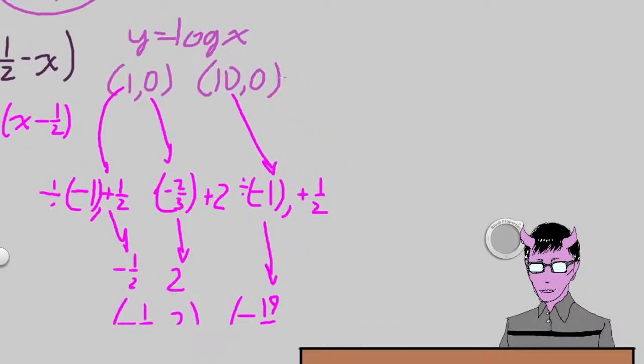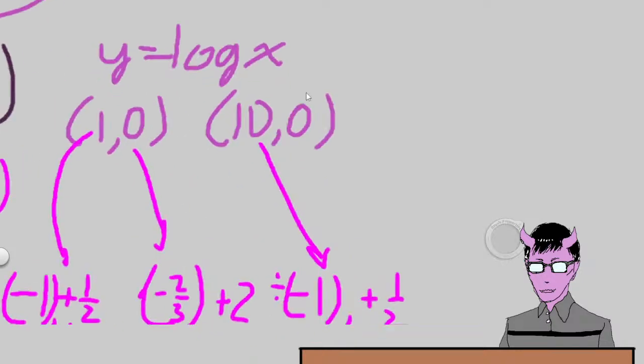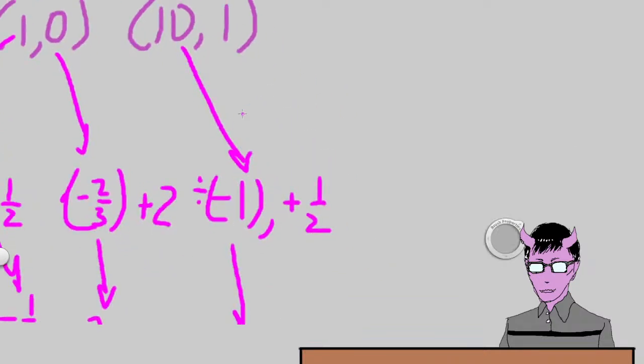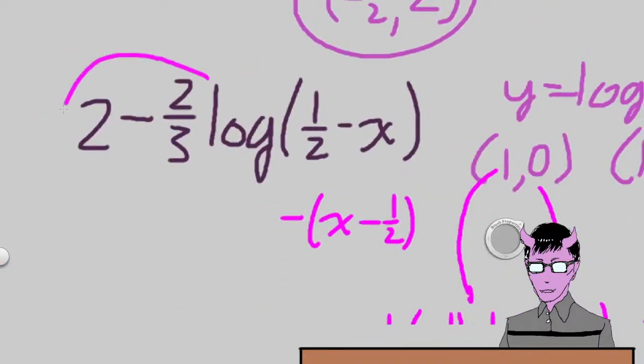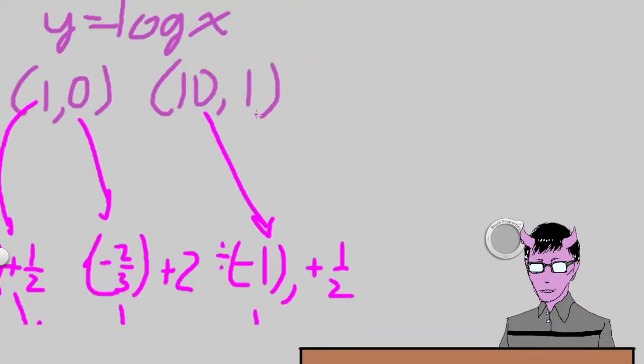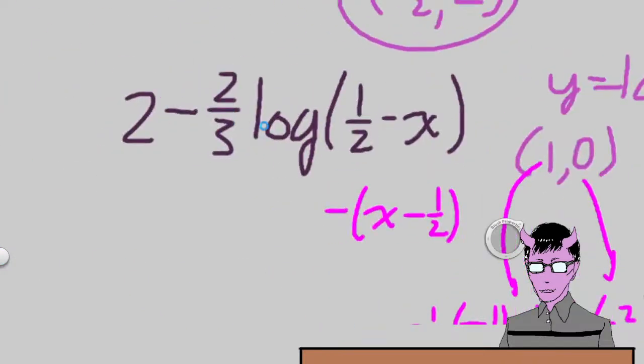And then, oh, this is not the right one. This will be 1. Again, using default parent 1, this is going to be base b, which is base 10, comma 1. We just need to transform that one. So we need to use the y transformation on that one, which is summarized by those two: times negative 2/3, and then plus 2.